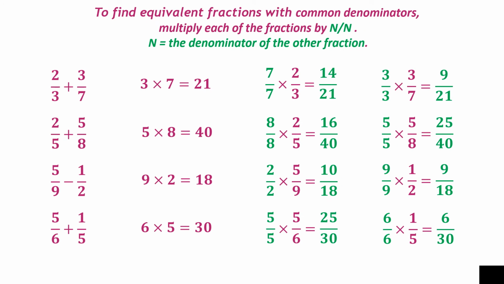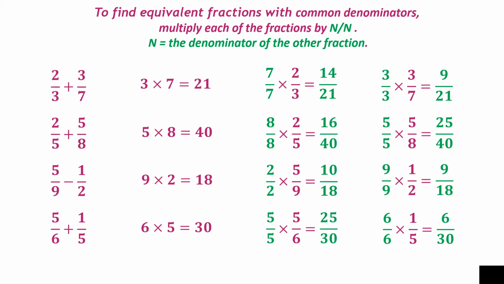So when we want to add two fractions that have different denominators, we only have to find equivalent fractions for these fractions, but equivalent fractions that share a common denominator.